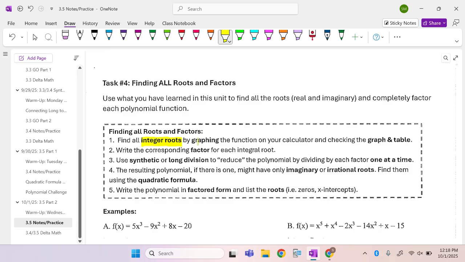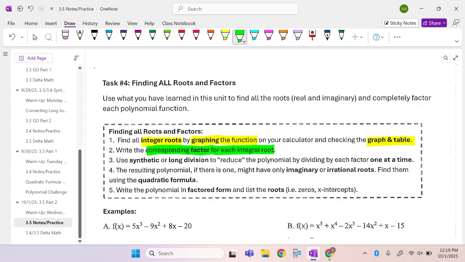All right. So we put it in graphing calculator, and you can check with either the graph or the table. Typically, if it's in Desmos, you can just click on it. It's there. All right. Then we write out the corresponding factor for each of the integer roots.